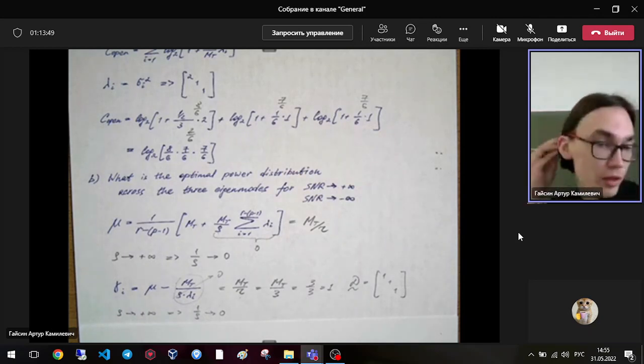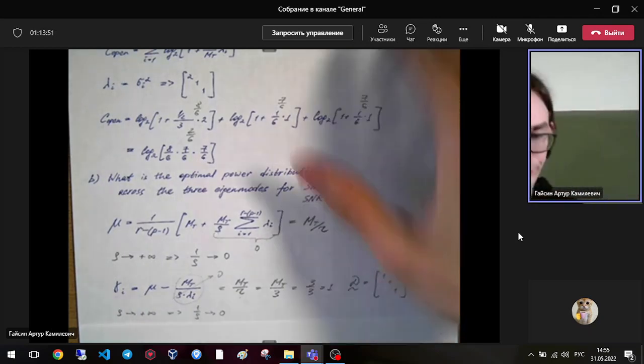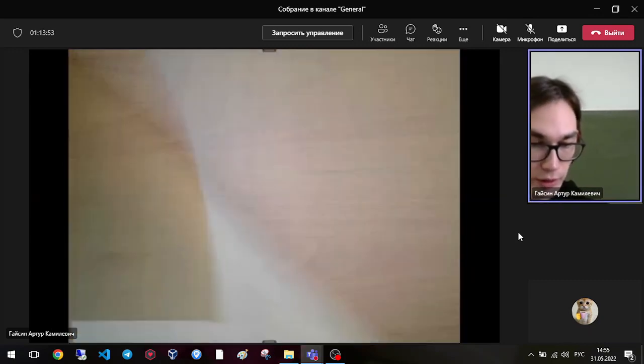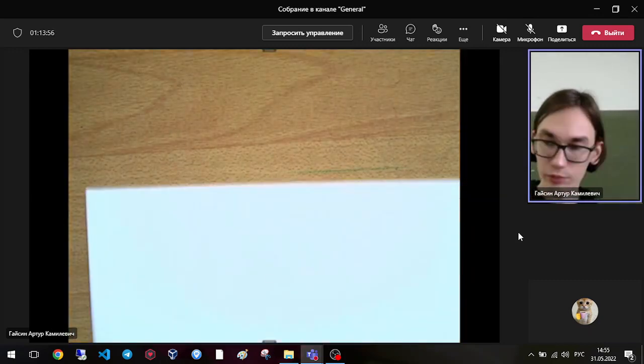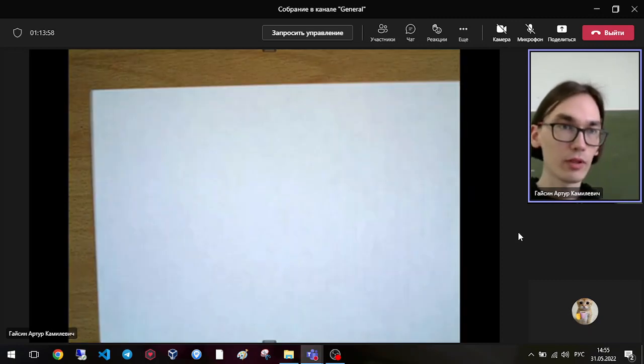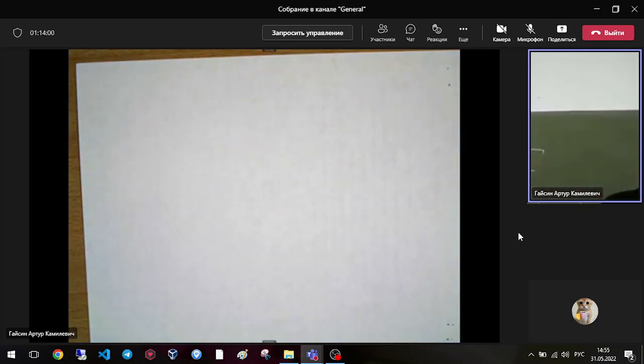So in this case, we should analyze the sign of these eigenvalues. Let me show you how we can do it for this case. The first one was for signal to noise ratio goes to plus infinity.